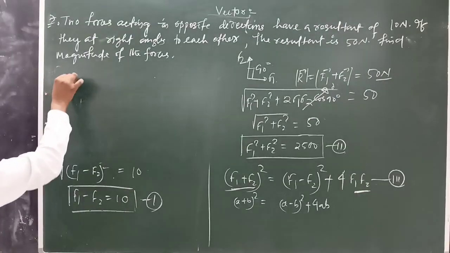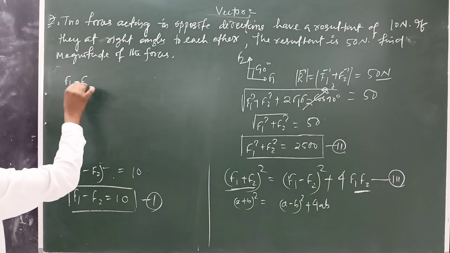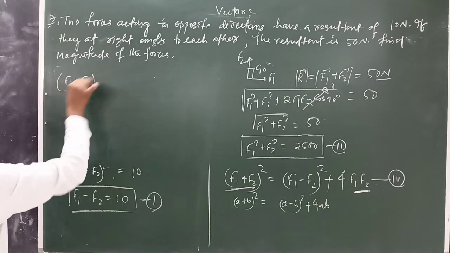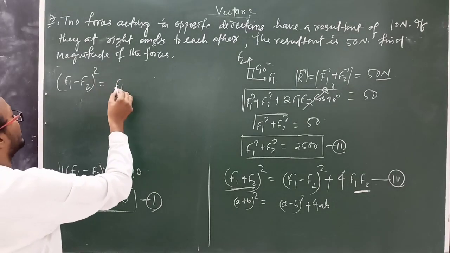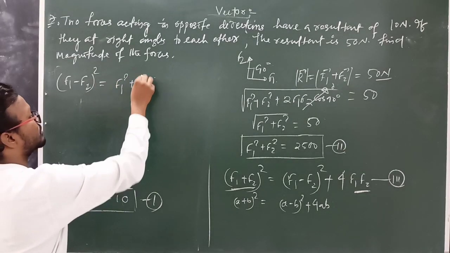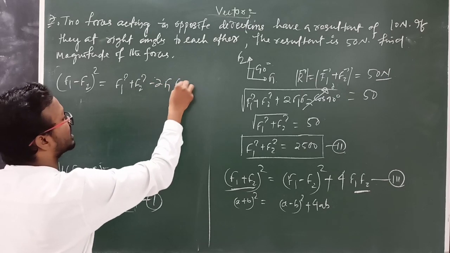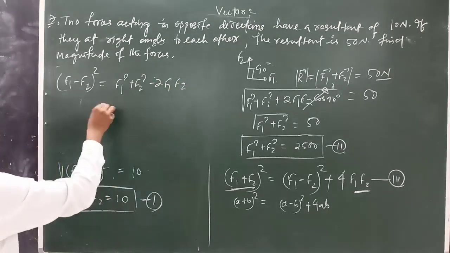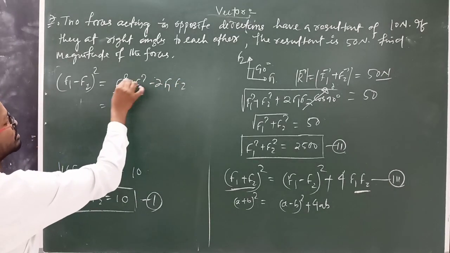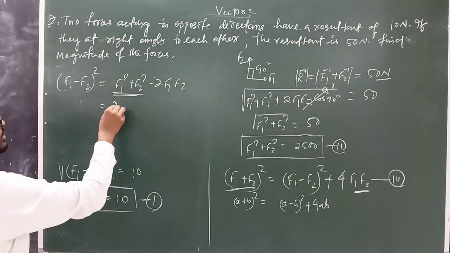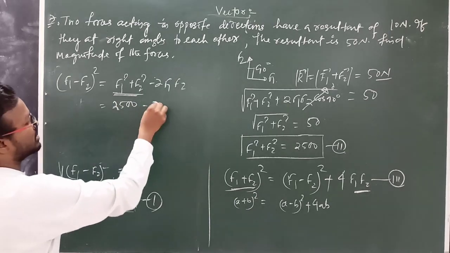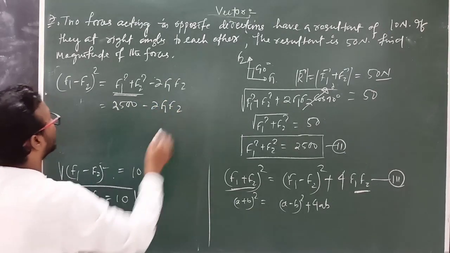We already have the relation that F1 minus F2 whole square equals F1 square plus F2 square minus 2 F1 F2, and F1 square plus F2 square is 2500, so it equals 2500 minus 2 F1 F2.